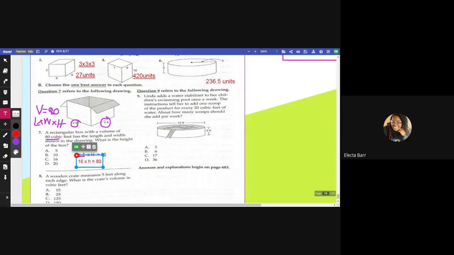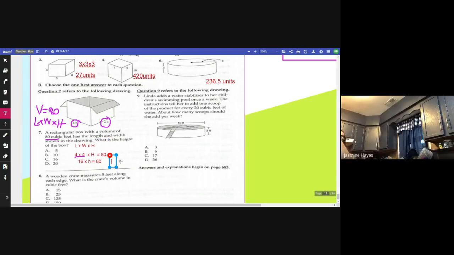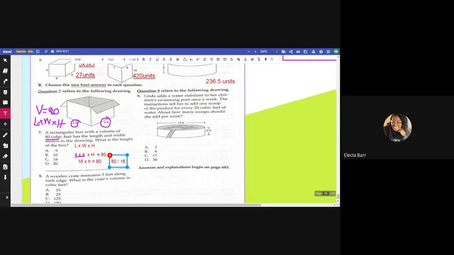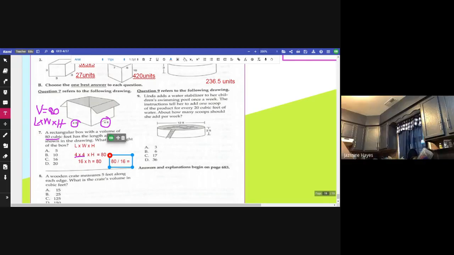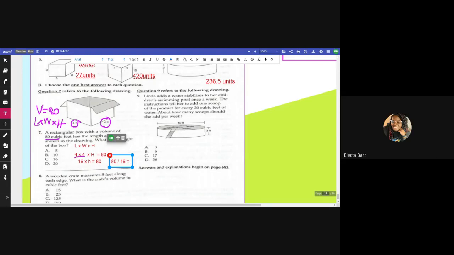So I'm going to divide the only two numbers I have left in this problem, which are 80 and 16. When you do 80 divided by 16, what do you get in your calculator? 5. So that means h represents 5, which means the height is equal to 5.